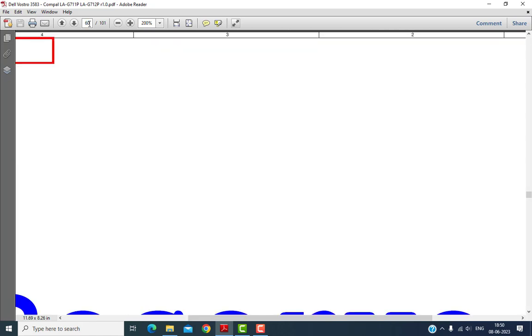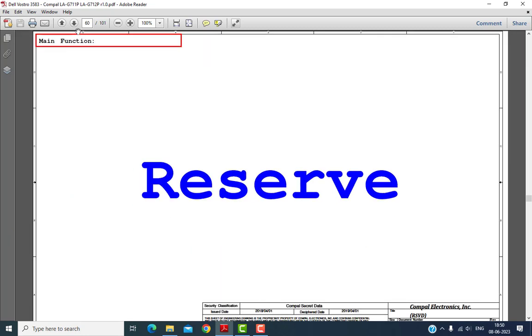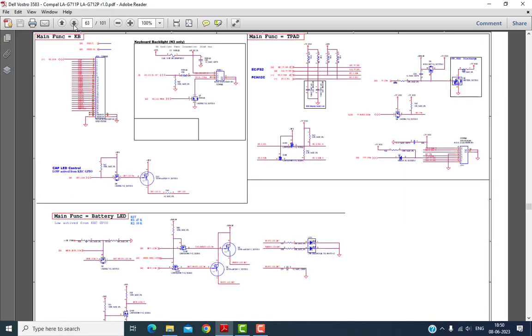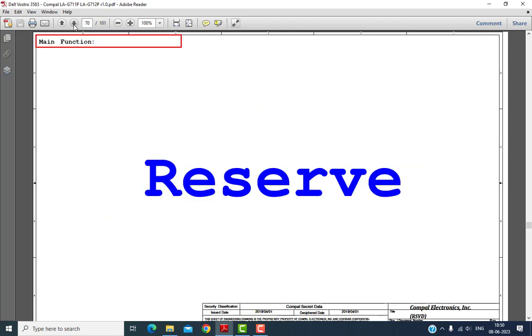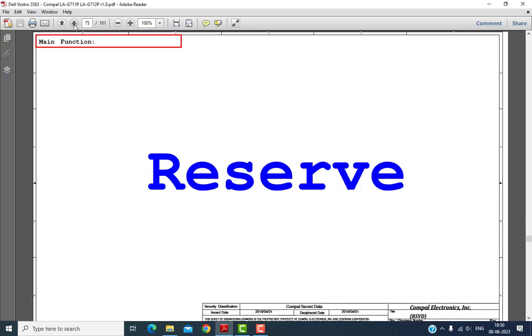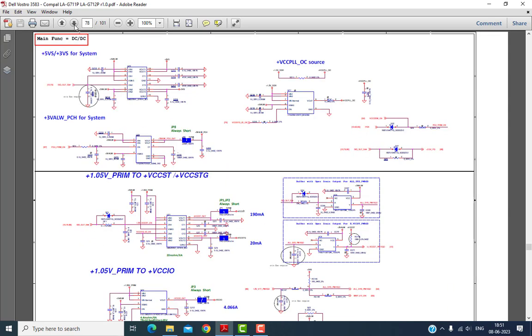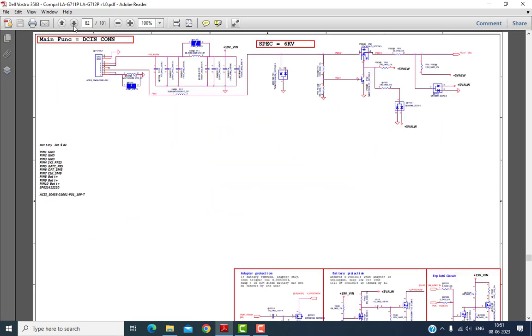I'll type 60 here and go to page number 60. Here is a reserve, so I continue. Next page, next page, next page. I'll stop when my adapter connector is there.